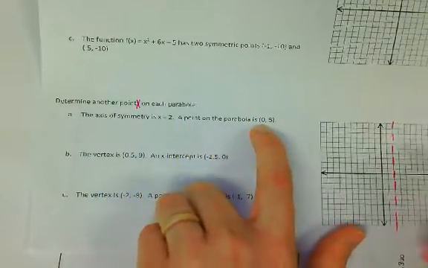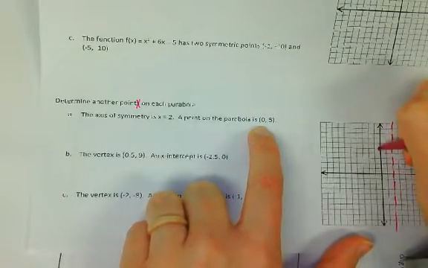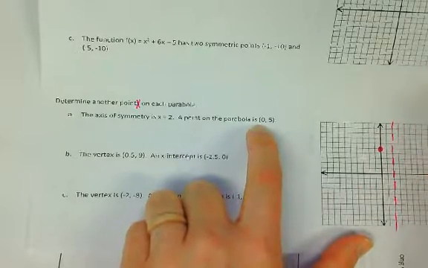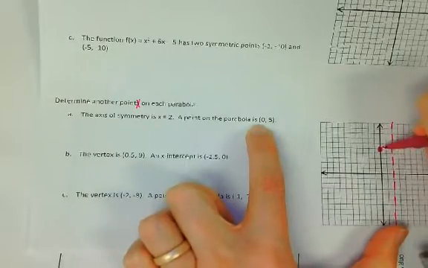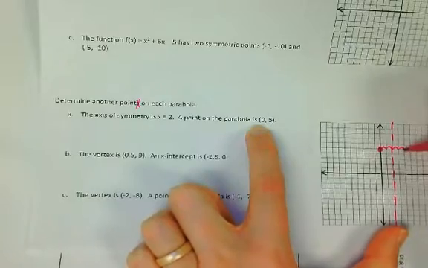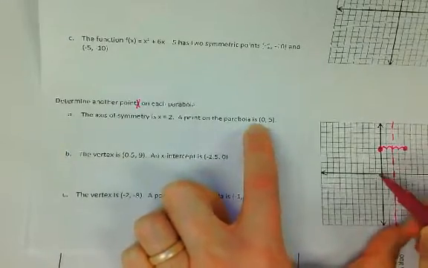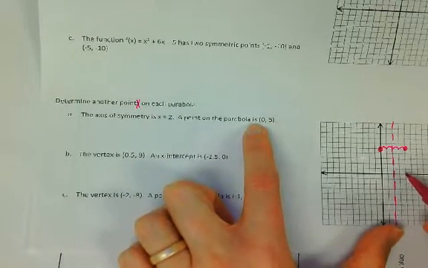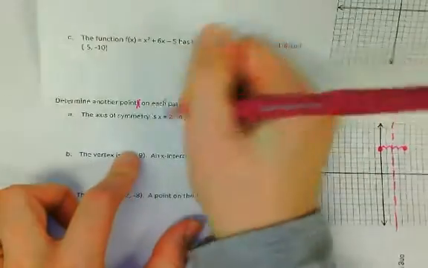A point on the parabola is (0, 5). I don't know if it opens up or if it opens down, but it doesn't matter. We can count to the middle, 1, 2, and then count the same distance to the other side. This point that I just ended up at has an x of 4, and it has the exact same y value of 5.